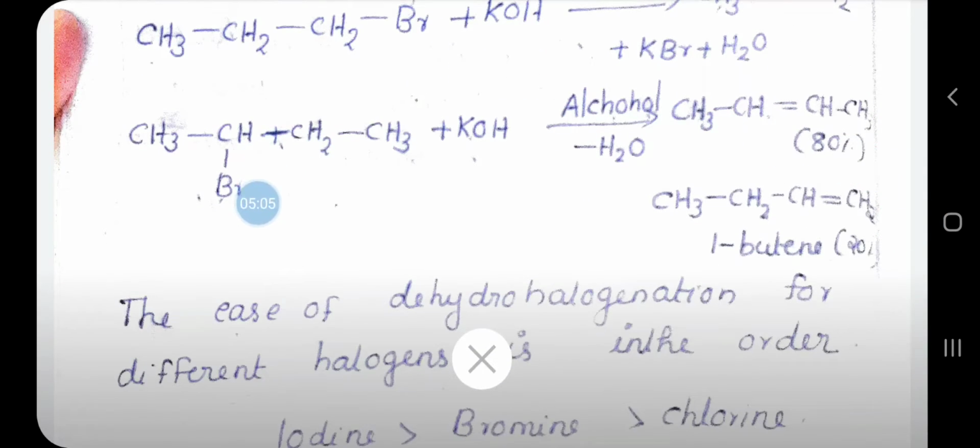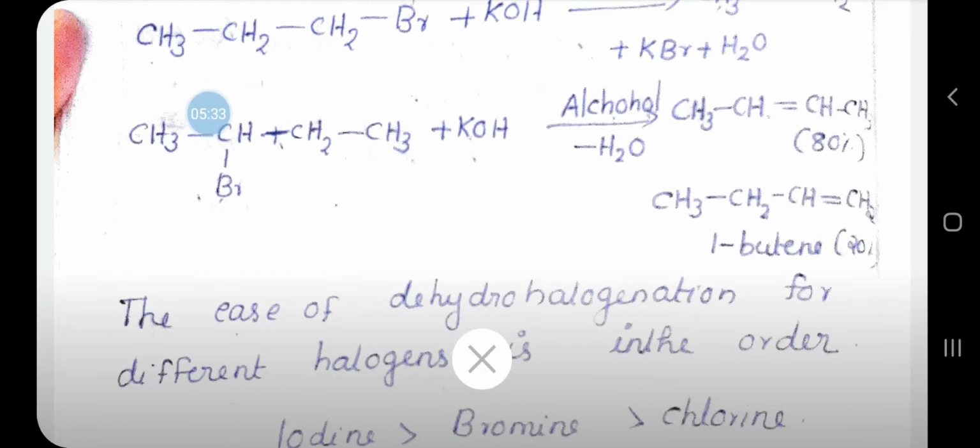For a secondary alkyl halide, when treated with KOH, there will be two products, in which the more alkyl-substituted one and the symmetric alkene will be the major product. So here hydrogen will be removed from the CH2 group, which is the carbon atom containing the lower number of hydrogen atoms, rather than the CH3 group, which has higher hydrogen atoms.